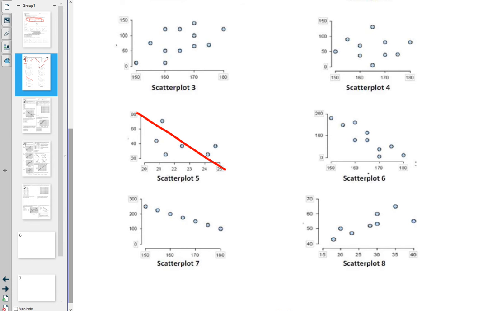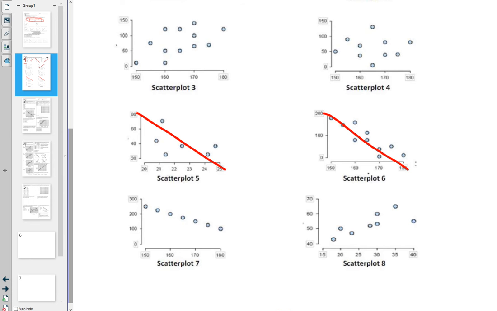It's definitely going to be negative, and it's strong. It looks like it'd be bigger than negative 0.5. It'd be closer to -1 than it is to negative 0.5. But it's not perfect. There's some points that would fall off the line. We're going to talk a little bit more as this goes on about drawing the line of best fit.